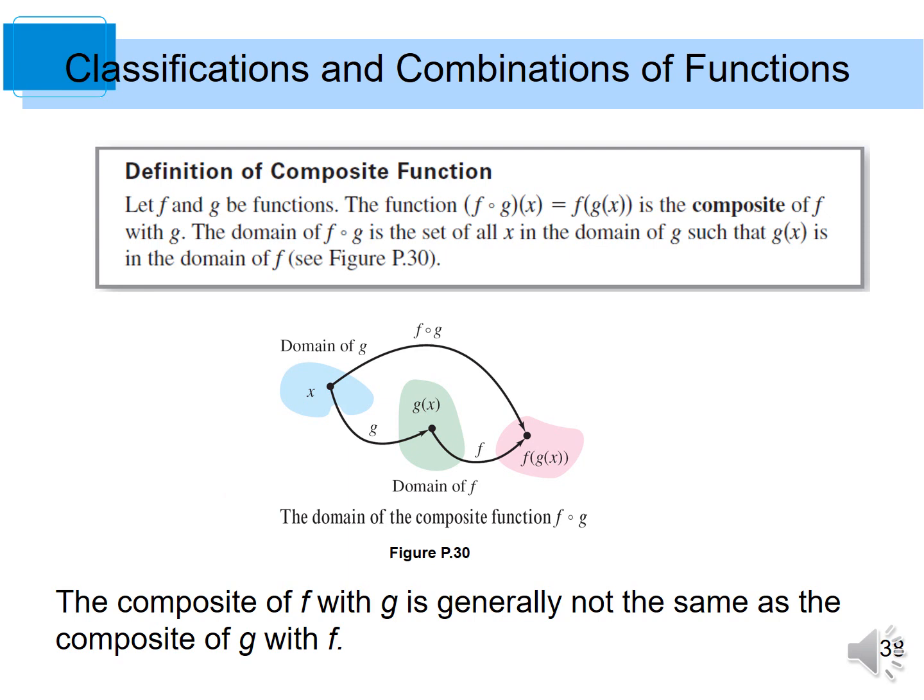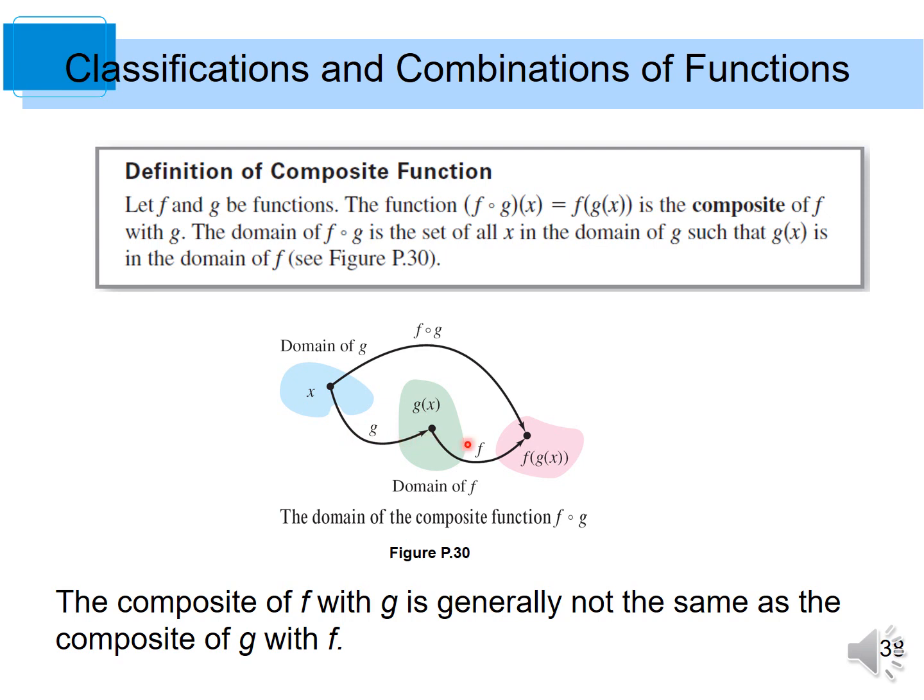Look at this figure. You can see this composite function f(g(x)). This is a new function, and the domain for this function is the domain of g, because this is a g function.